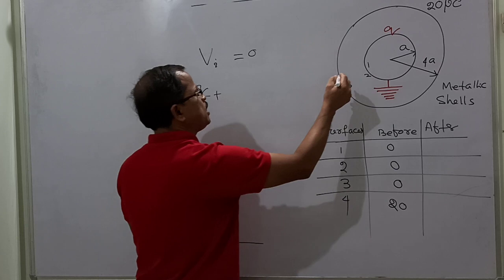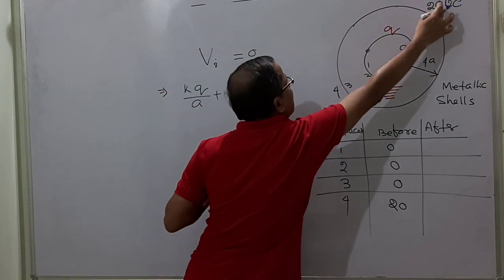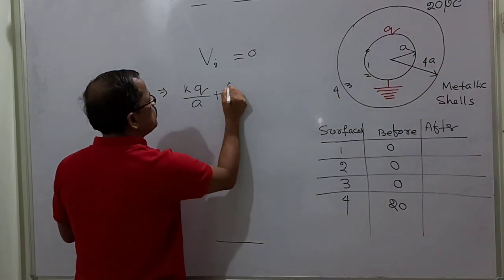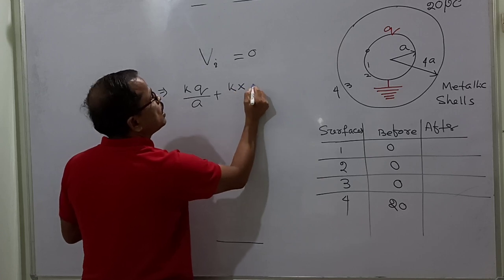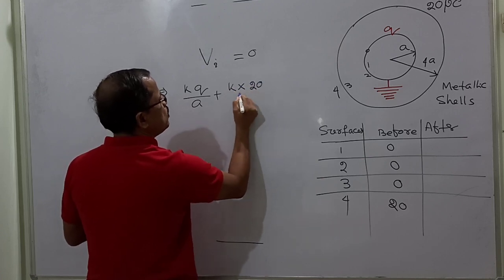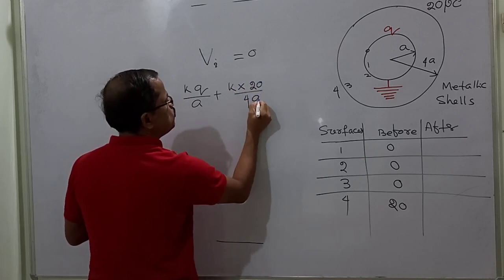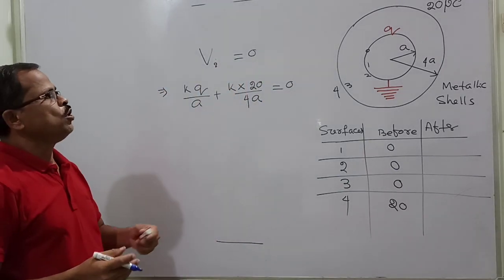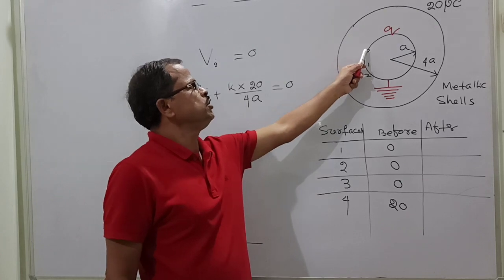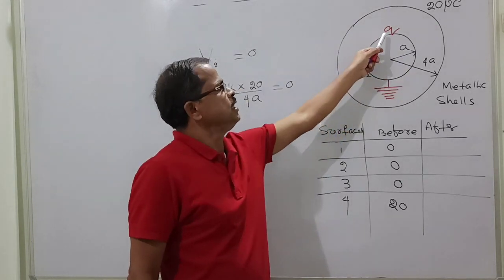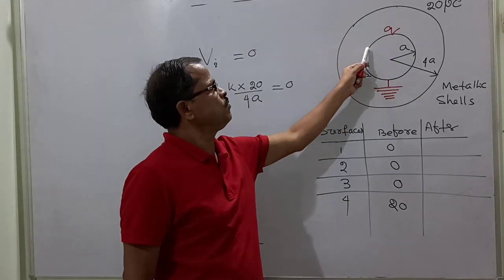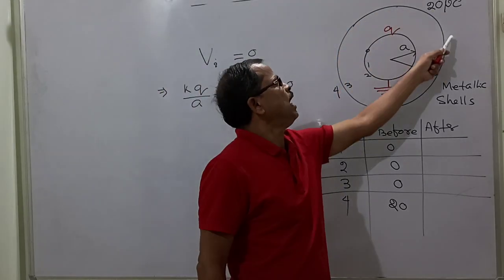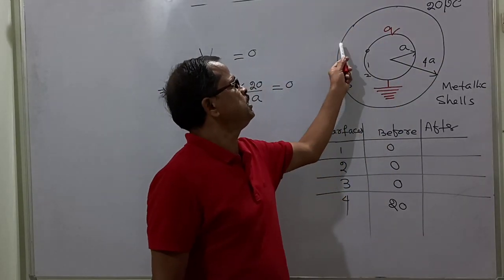Again, what is the potential of the inner sphere due to the outer charge? The charge is 20 microcoulomb and the radius of the outer sphere is 4A. You know the potential of a point is due to the charge on its own sphere, and also due to the outer sphere, because this point is inside the sphere.